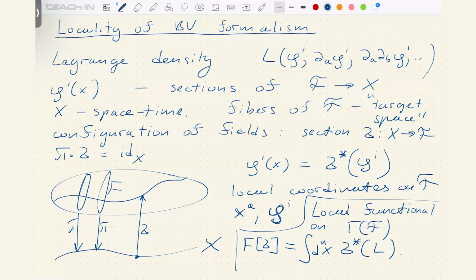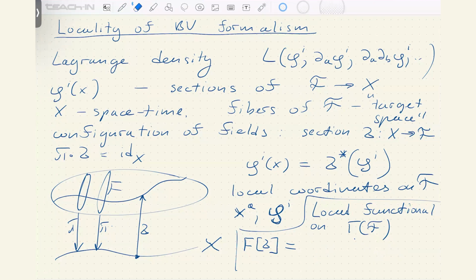So it depends, Lagrange density. So it depends on our, not very good. Strictly speaking, to write this formula, I need to introduce already jets. So let me not use this pullback thing.